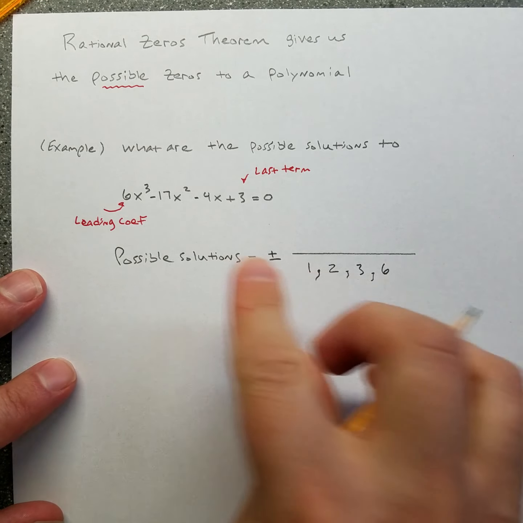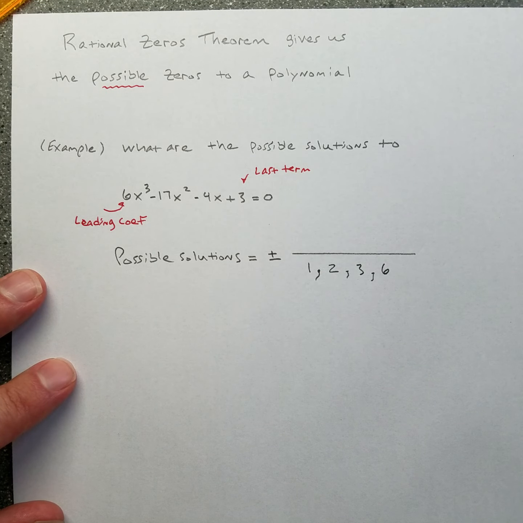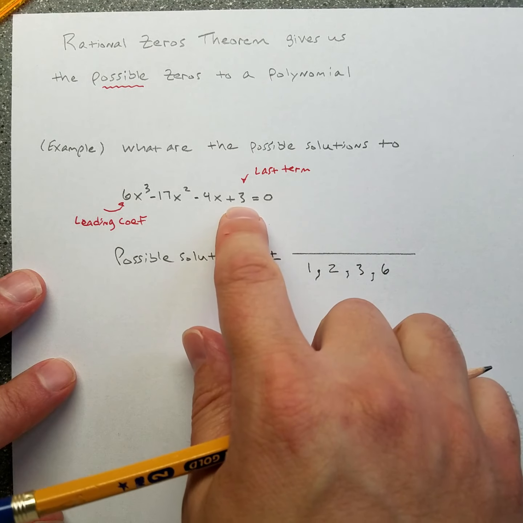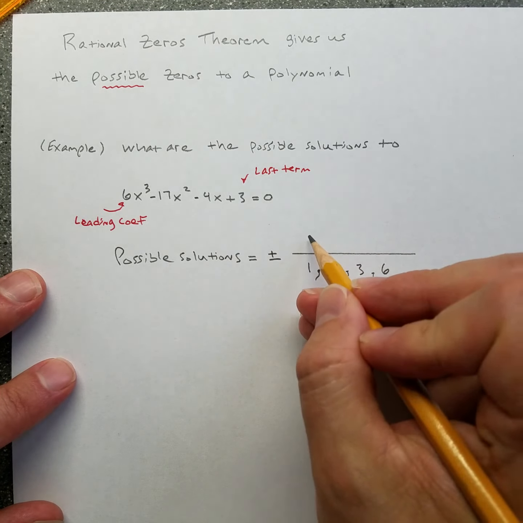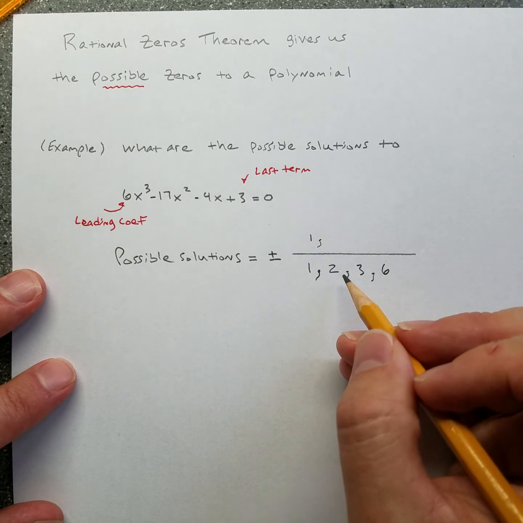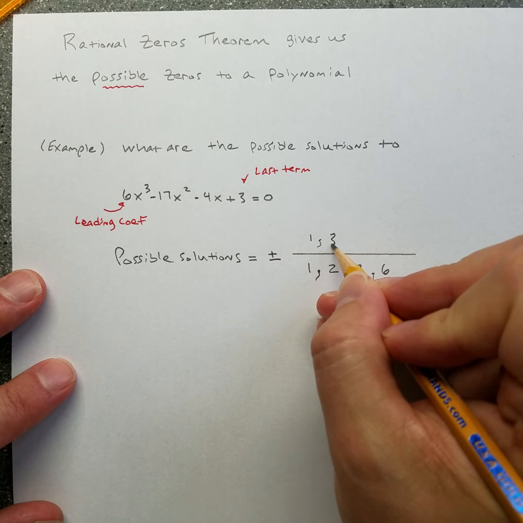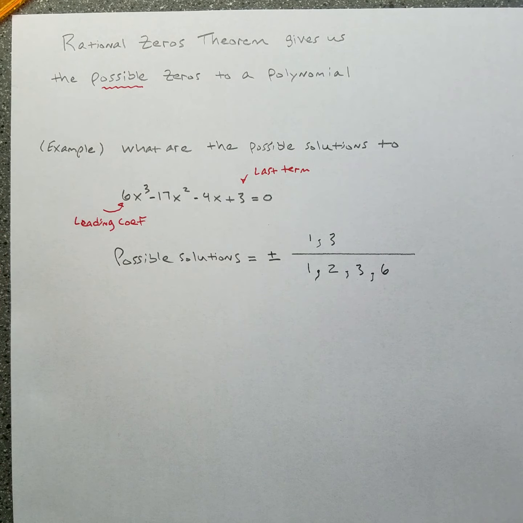And then 6 divides into 6. Okay? And then the numbers that go up here divide that last term. 1 goes into 3. 2 does not. And then 3 goes into 3. Okay. So that's how we think about it.